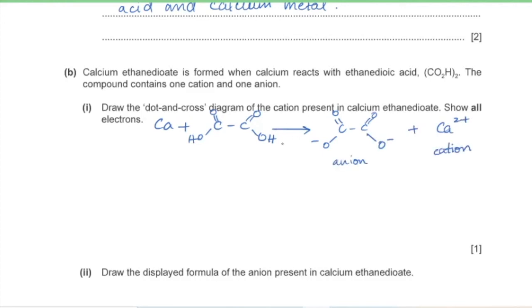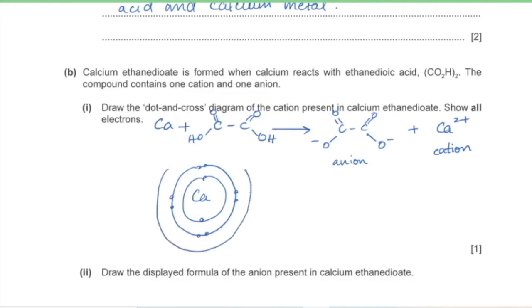The dot and cross diagram for the cation, calcium is going to lose 2 electrons, and that will be given to this anion. So Ca has its first shell with 2 electrons, the second shell 8 electrons, and the third complete shell.